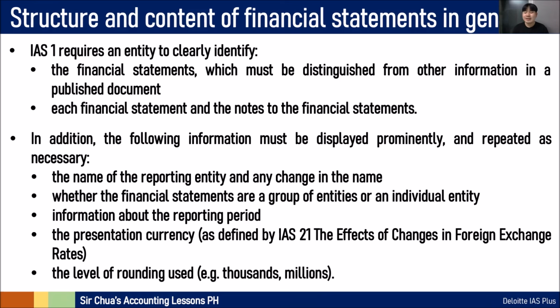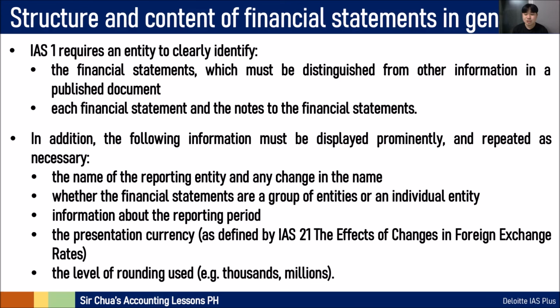Make it clear. In addition, the following information must be displayed prominently and repeated as necessary. The name of the reporting entity, and any change in the name. Whether the financial statements are for a group of entities or an individual entity. So is it a consolidated one or a separate financial statement? And then information on what reporting period we are talking about.